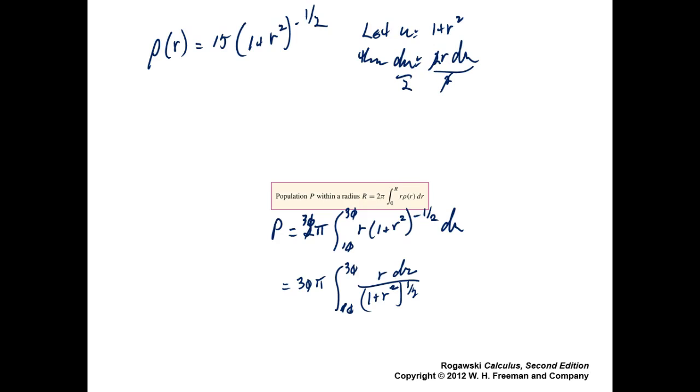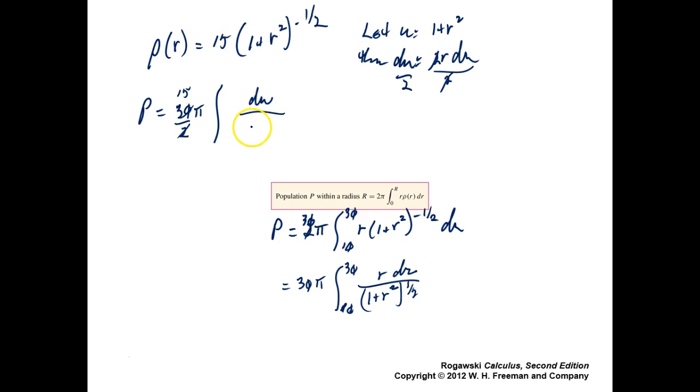So let's go back and write our population is equal to 30 pi, integral, let's not mess with it yet. Your numerator is going to be a du over 2, so let's divide this by 2, so this goes back to being 15. I'll have to pull that 2 on the outside. There's your du, that's your 2r dr, except you divide out by 2.